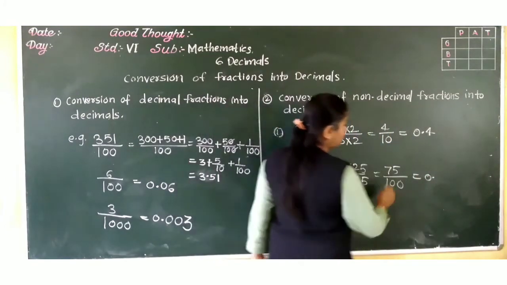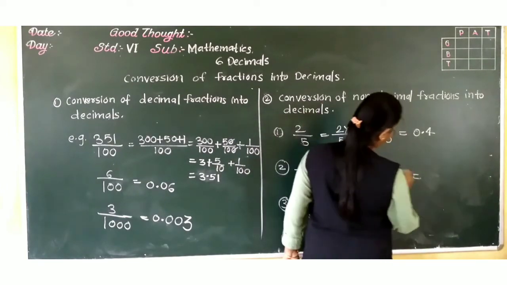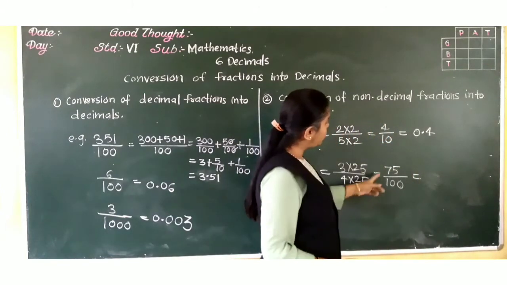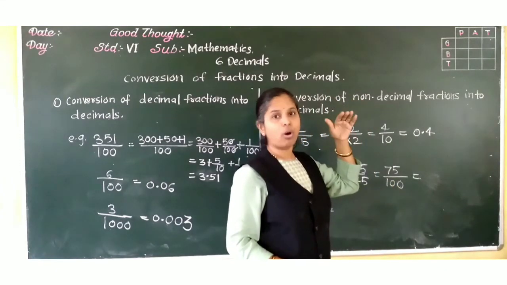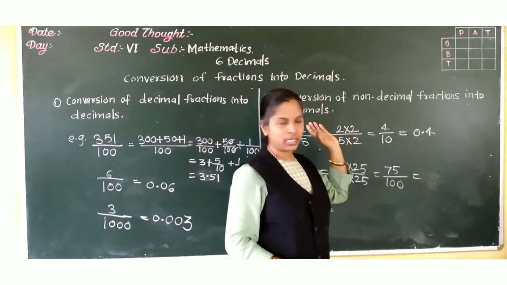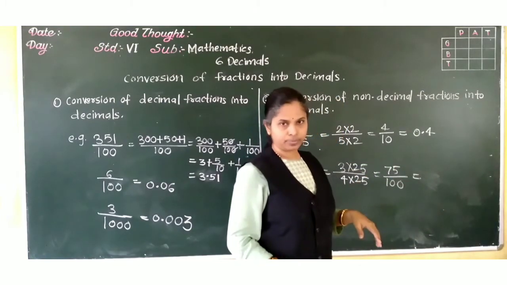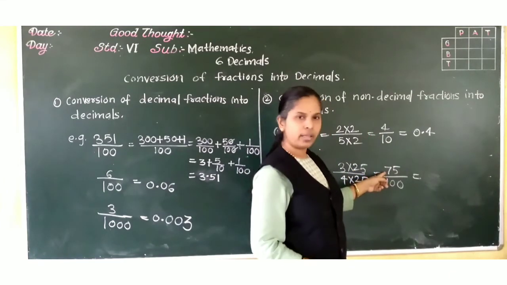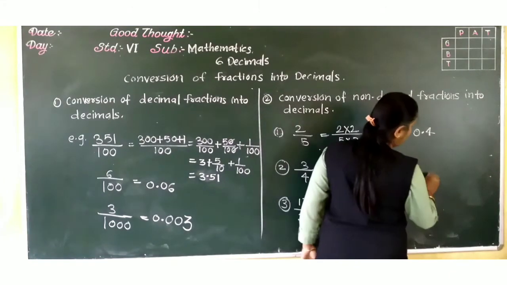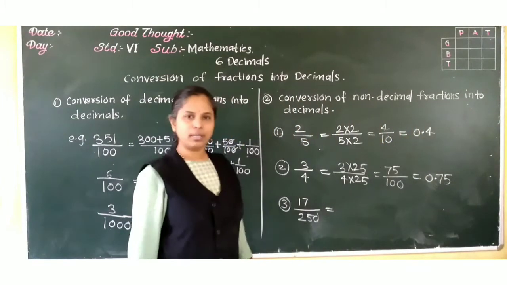Now see here, how to write this? As I have taught you in previous lessons also, if the denominator has 2 zeros, then the numerator also should have 2 digits. Here they are there. So, whole part nothing, that is 0.75. This is the decimal number.